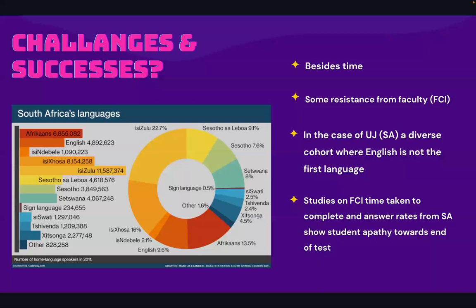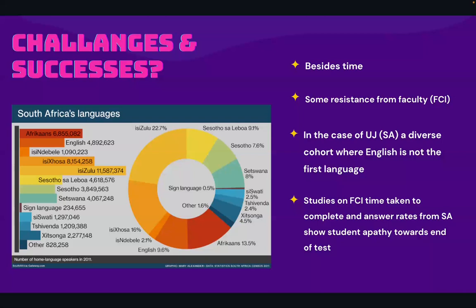In the case of UJ in South Africa, it's a diverse cohort where English is not even the first language. There are officially 13 different languages spoken in South Africa, and there aren't translations. There are only translations for English and Dutch, Afrikaans. So that does lead to interesting issues with English not being their first language.